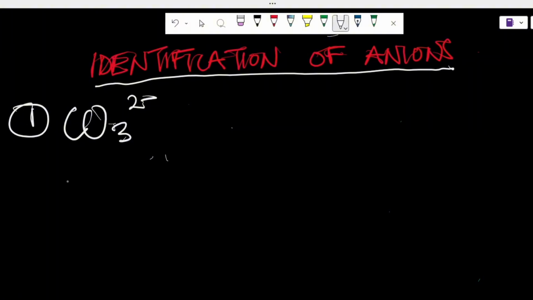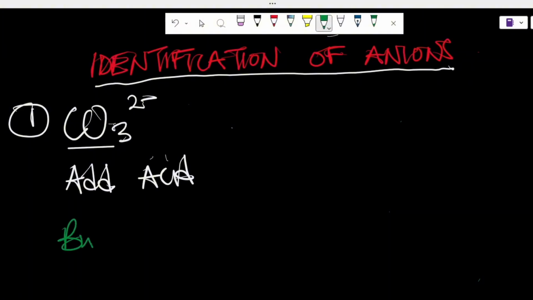Well, the first thing that you have to do is you have to add an acid. And when you add an acid, notice that because of the carbonate ions here, you are going to get carbon dioxide. And so for that reason, you're going to see some bubbles indicating the presence of carbon dioxide.